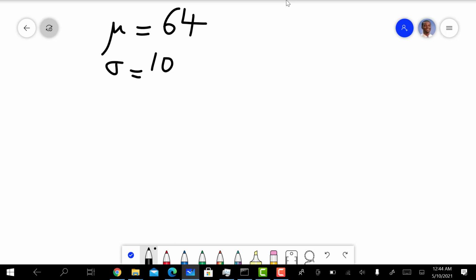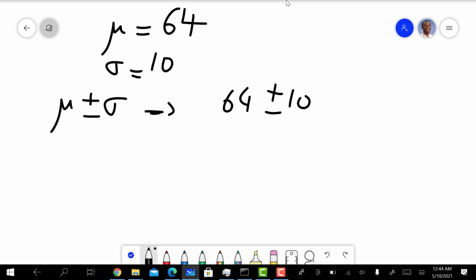With the empirical rule that we just talked about, we can have an approximation if we consider one standard deviation away from the mean. We can conclude that 64 plus or minus 10, which gives us 64 minus 10, that gives us 54, which is the lower bound, and when you do 64 plus 10, that's 74, which is the upper bound.